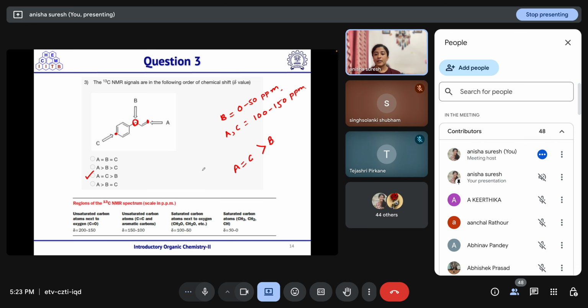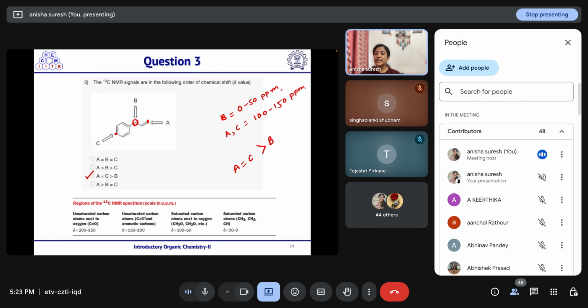These are the regions that we have seen for saturated carbon atoms like CH3, CH2, CH, etc. Here B is CH2, not next to any oxygen atom, so it comes in the region of 0 to 50 ppm. Saturated carbon atoms next to oxygen like CH3O, CH2O come in the region of 50 to 100 ppm.